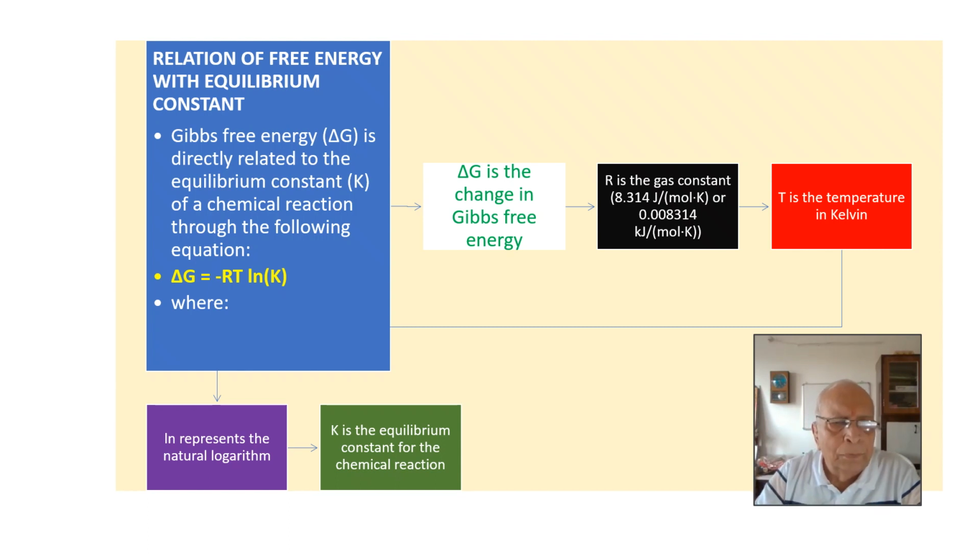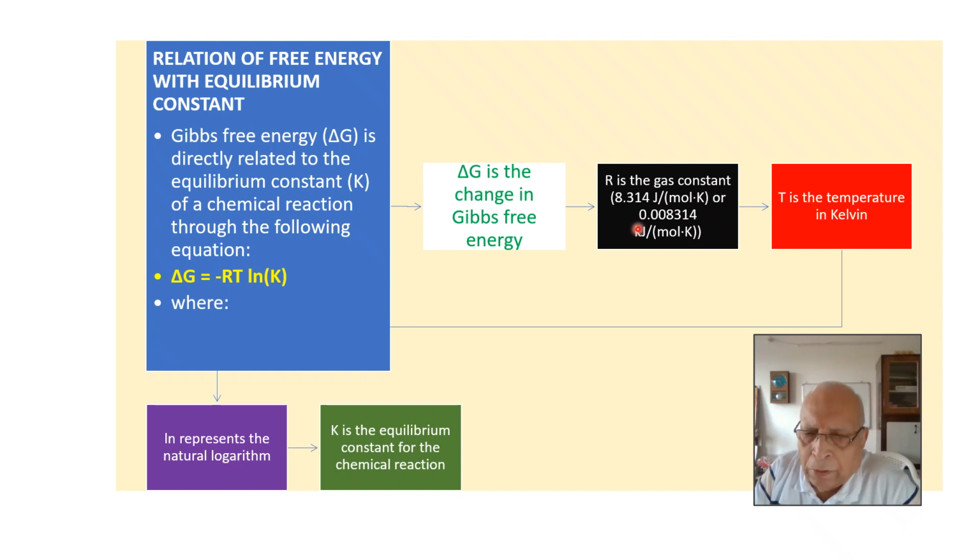You see, Gibbs free energy is related with the equilibrium constant as delta G is equal to minus RT ln K. And delta G, of course, is all described here.